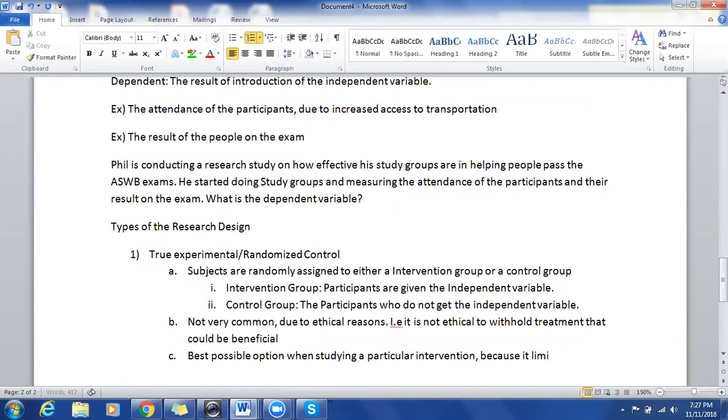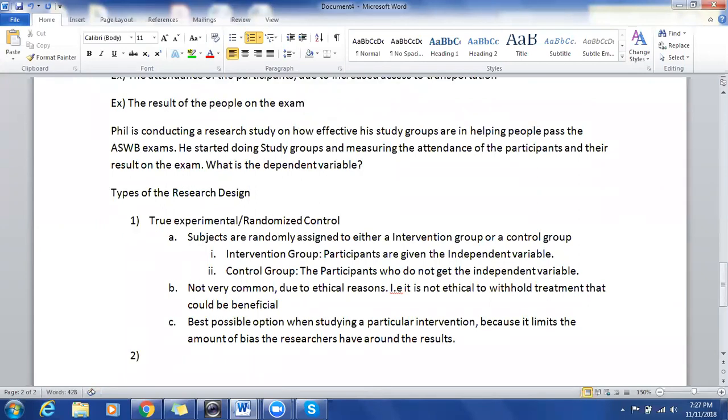because it limits the amount of bias the researchers have around the results. If I have no clue who gets the independent variable, it's very difficult for me to manipulate things to make it seem like my intervention is better.